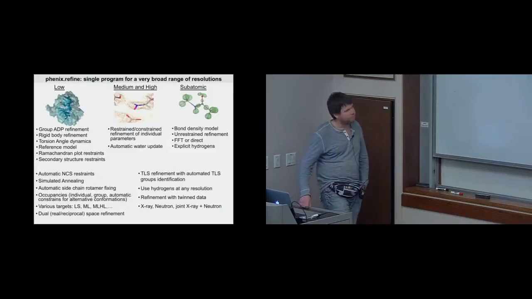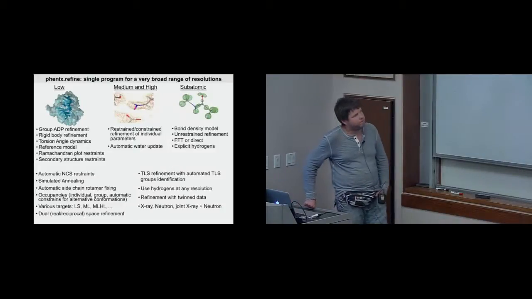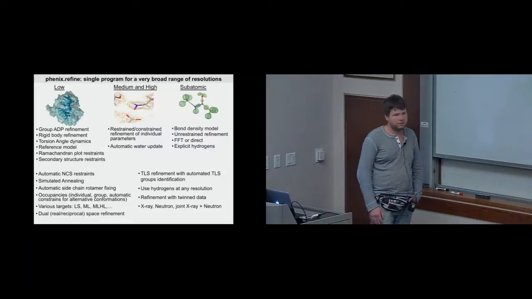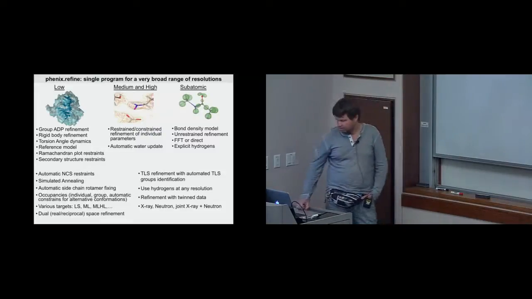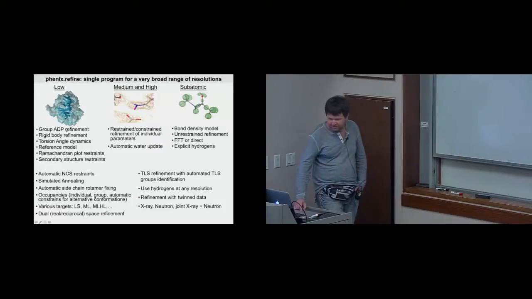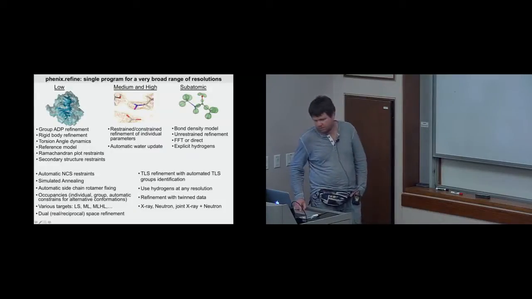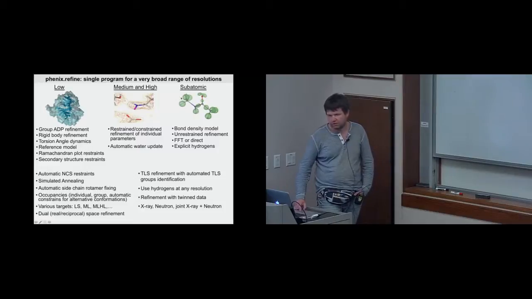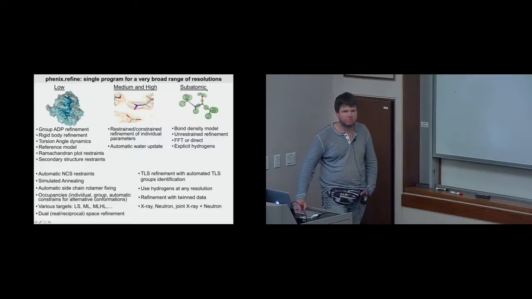Okay, by means of just very brief overview, what Phenix.refine can do. Well, pretty much everything. So we cover a broad range of resolutions from low to ultra high. Ultra high is 0.5. So recently I refined a structure of 0.3 angstrom resolution for someone.